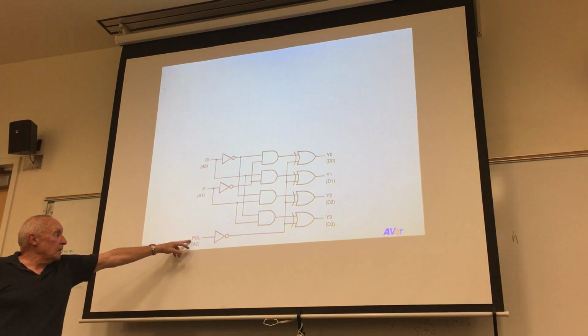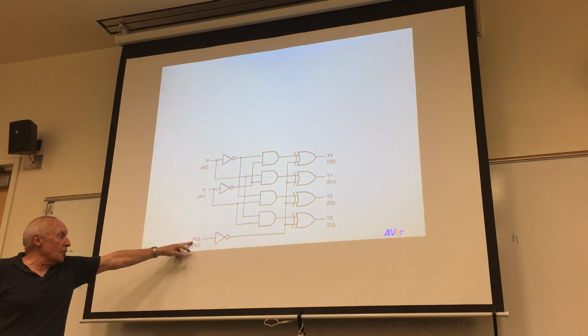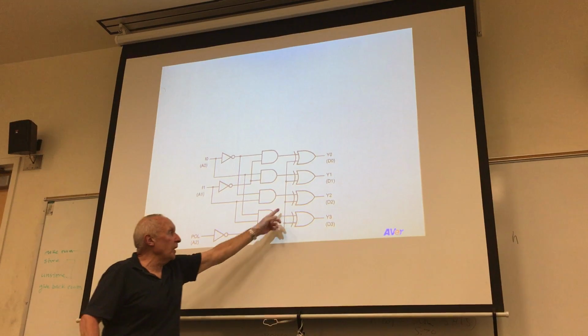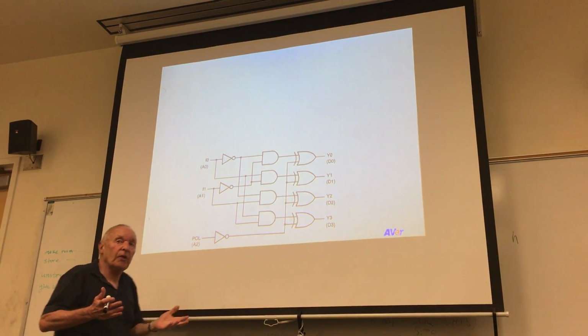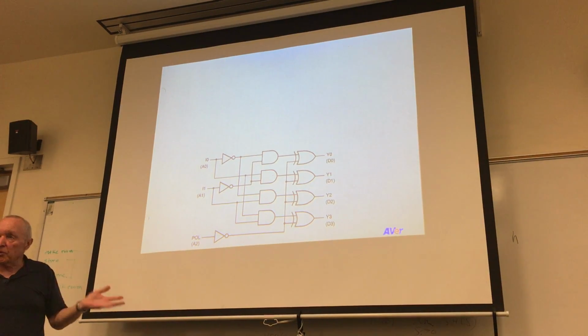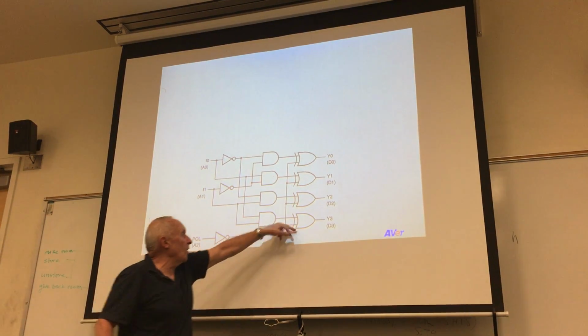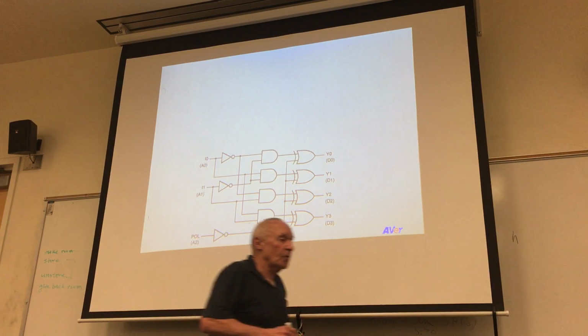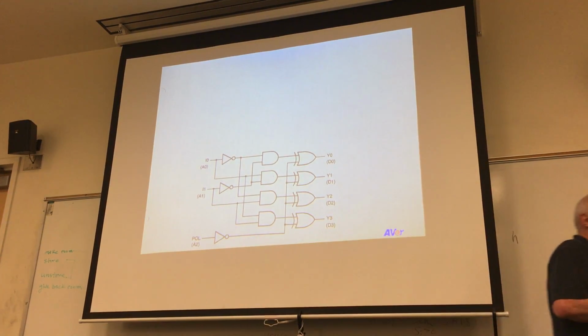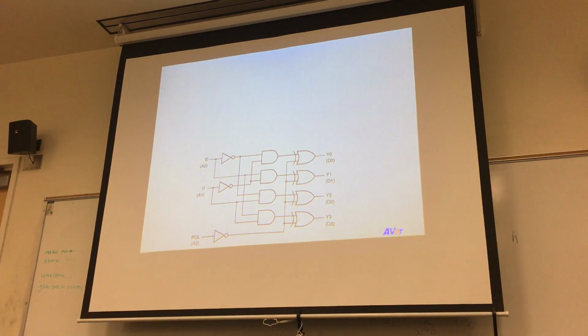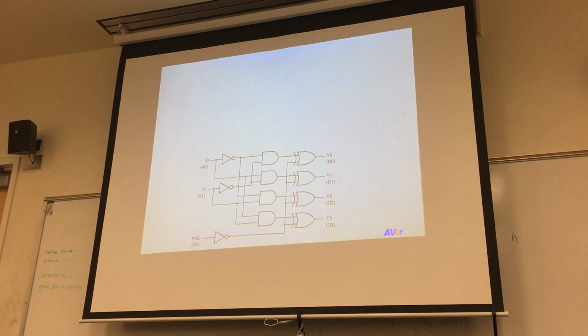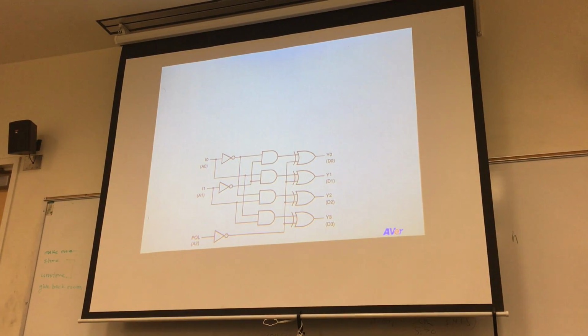If I change this to a logic 0, that puts a logic 1 there, and then I can have my asserted value as a logic 0, and the rest will be logic 1s. So all this does, along with the exclusive OR gates, is allow me to define whether I want my asserted output to be a logic 0 or a logic 1. And the other 3 outputs would be of the opposite logic state.